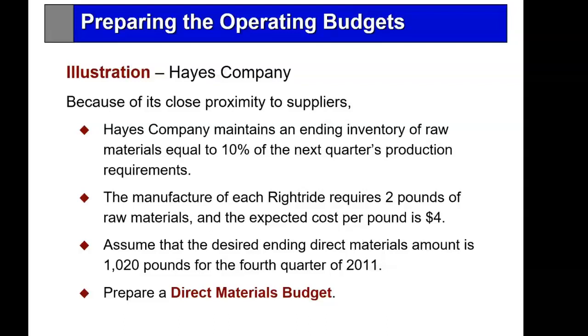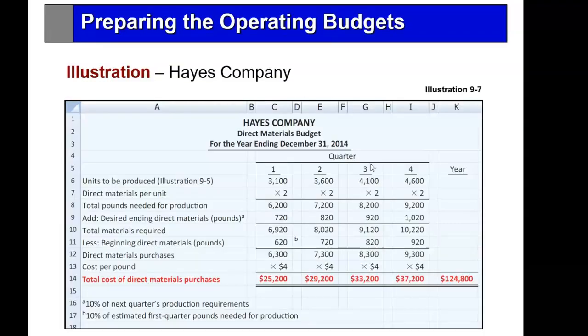So this time it's production requirements. Now each unit that I produce of this product called Right Ride requires 2 pounds of raw material, and the cost is $4. Assume that the direct materials were 1,020 pounds at the end of last year. Prepare the direct materials budget.